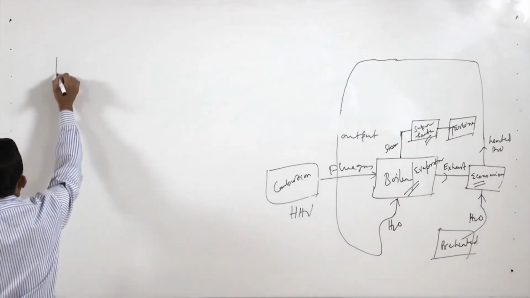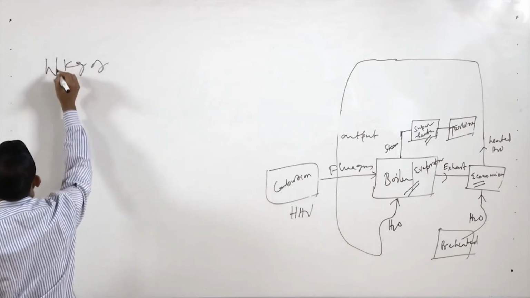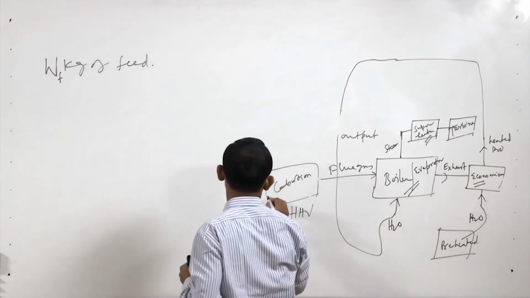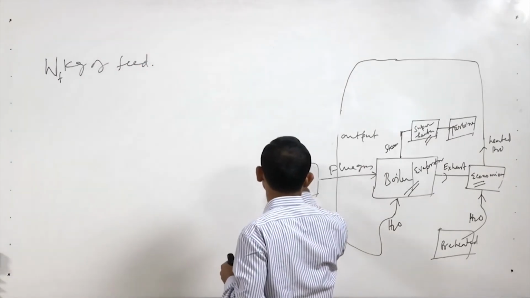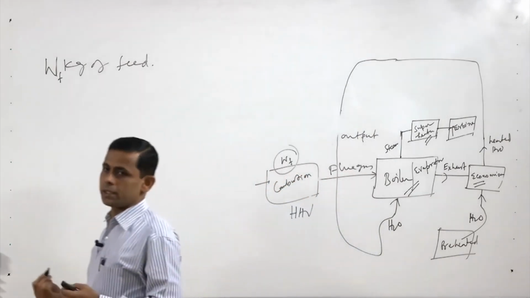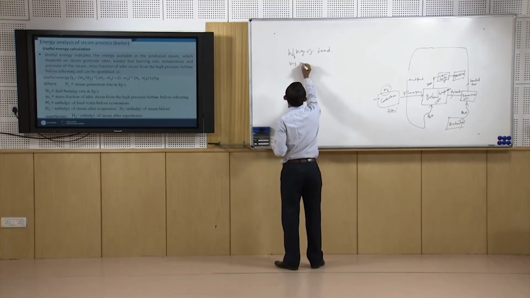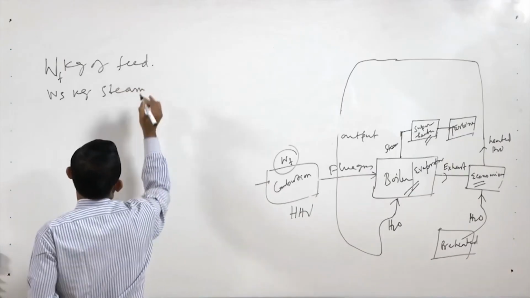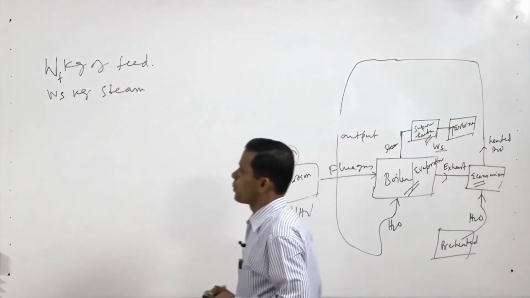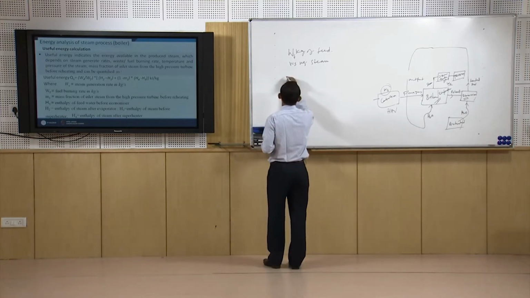So, if we use WF kg of feed here, feed in this case being any fuel, in our case may be waste, and if it produces Ws kg of steam, then what is the useful energy?